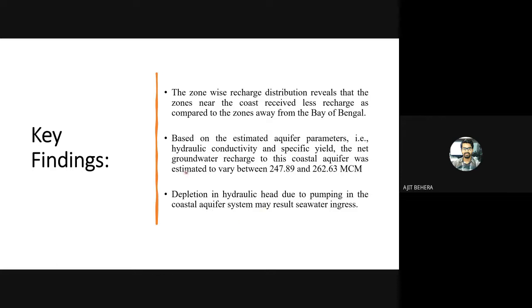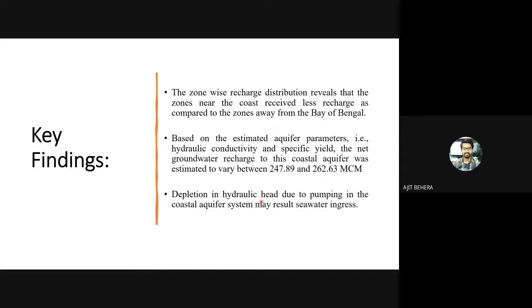Then we have estimated the recharge. This is the annual recharge. The net groundwater recharge to this coastal aquifer system varies from 247.89 to 262.63 million cubic meters.